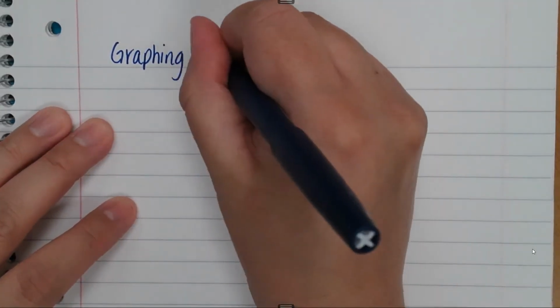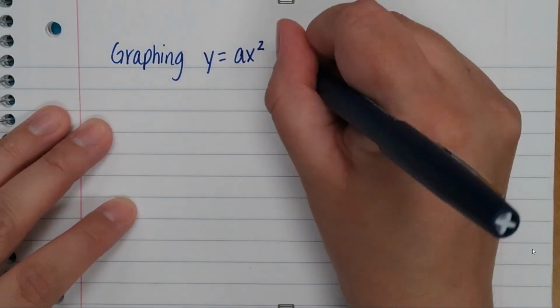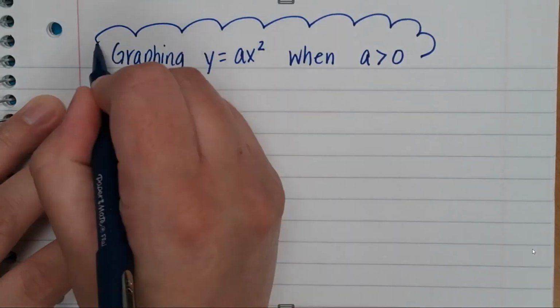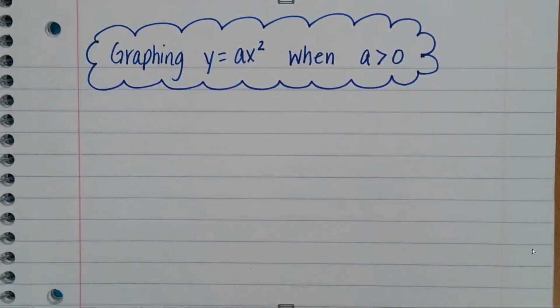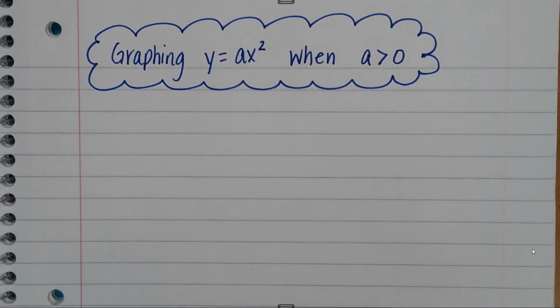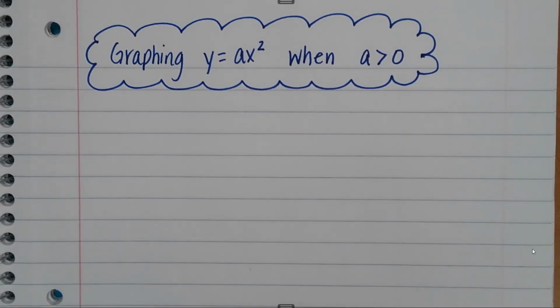Okay, so graphing y equals ax squared when a is greater than 0. Give me 1 second.